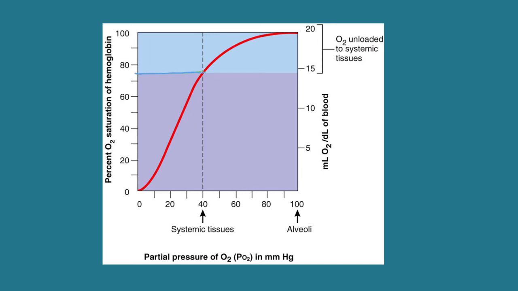If it is holding on to 3 oxygen molecules, then it's said to be 75% saturated. This graph shows that the hemoglobin is 75% saturated. This is shown by the blue line that connects to the oxygen dissociation curve.